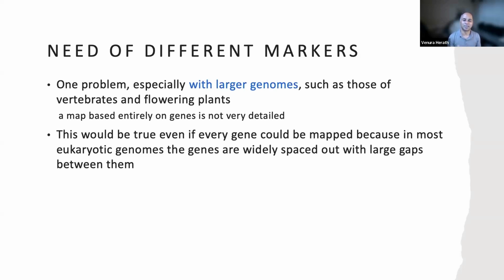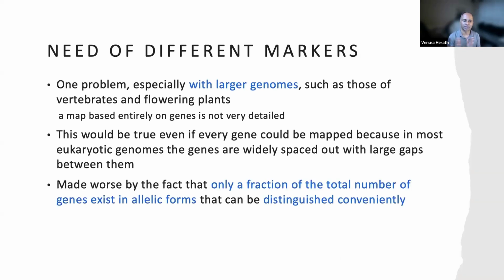So if you take any plants you find, based on whatever literature is available right now, all plants underwent at least one duplication event. That means they were at least tetraploids during their evolution process. Okay, and genes are very far apart, and this is made worse because only a fraction of the total number of genes exist in allelic forms.